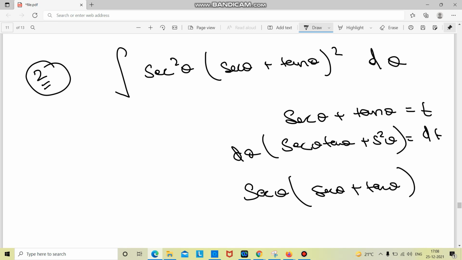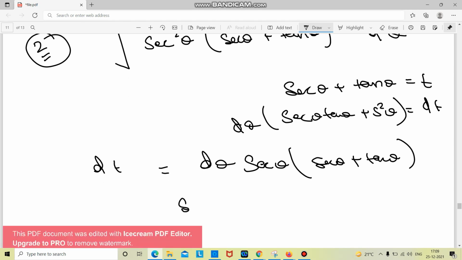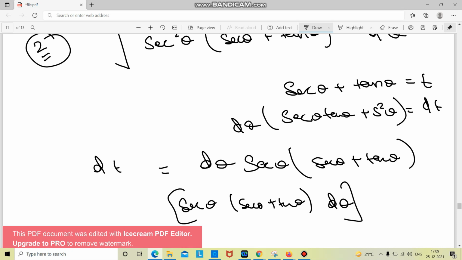Now we can write sec theta into (sec theta plus tan theta) d theta is equal to dt. So now we separate sec theta into (sec theta plus tan theta) d theta, and we can write this as dt.